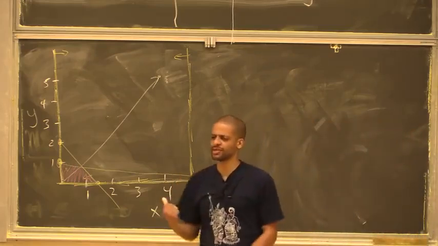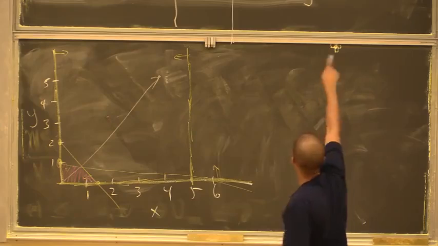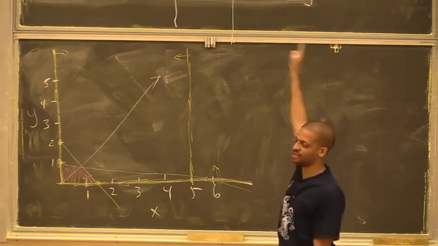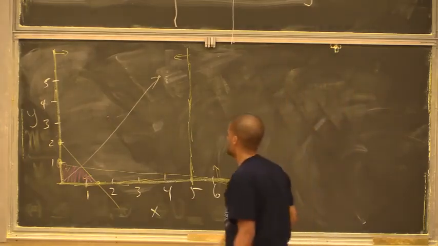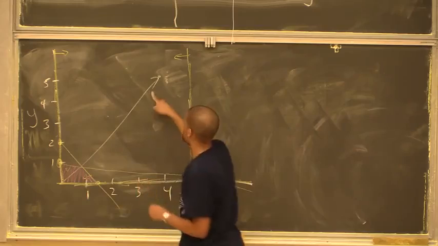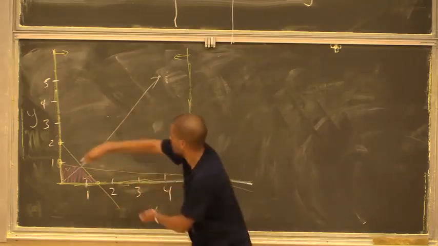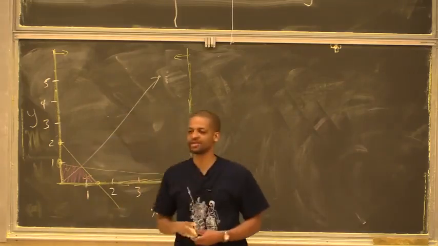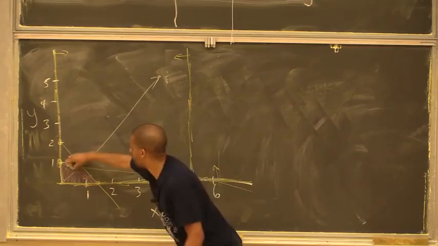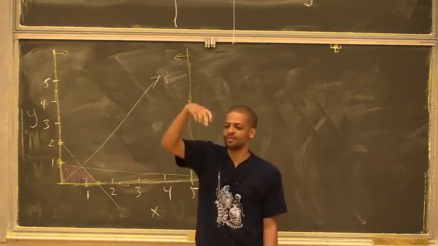What do I want to say about this picture? Well, if you want to give a physicsy kind of interpretation, imagine you take this picture and you rotate it so that this is pointing down. This is like gravity, so gravity points down. So rotate this picture so this points down, and ask yourself, if I were to drop a marble inside of this polygon, this region, where would the marble wind up?